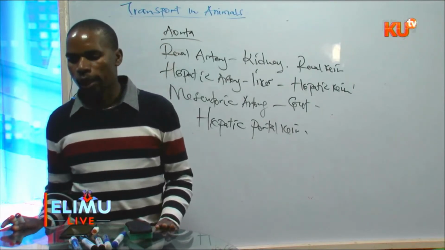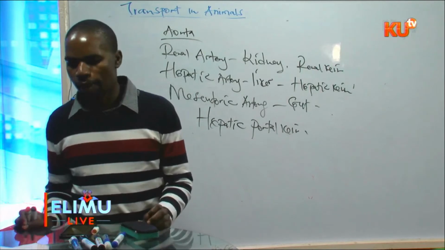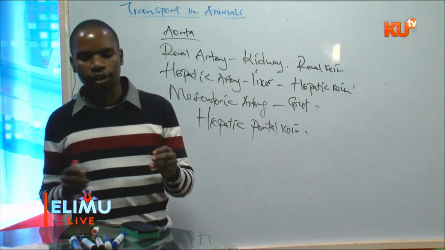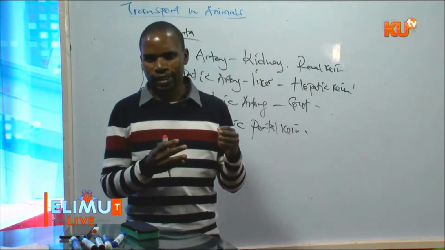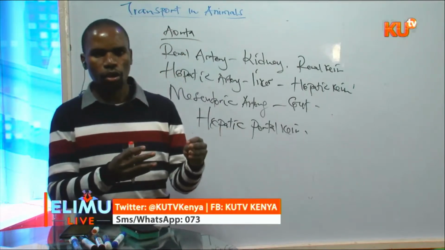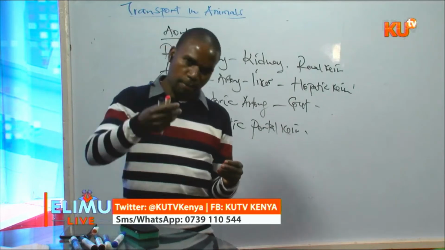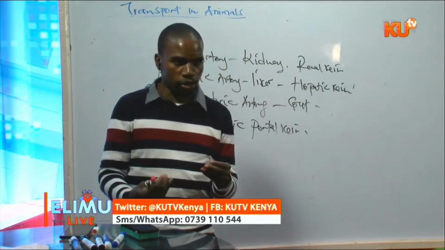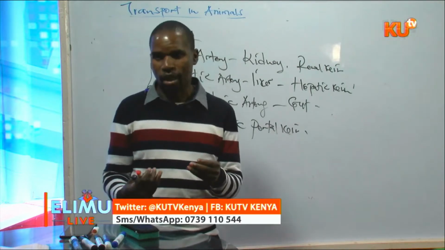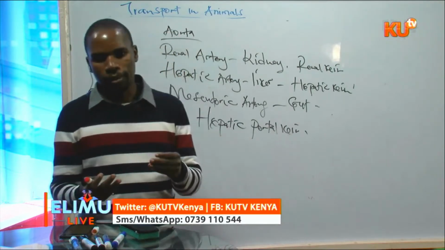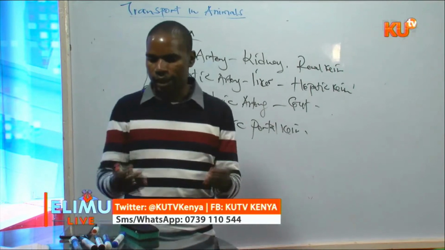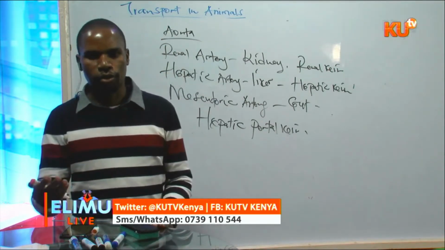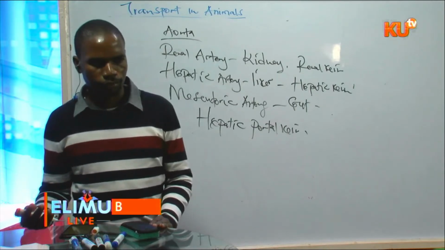When the ventricular muscles relax, the volume of each ventricle increases. So during that relaxation period, the muscles of the ventricle are relaxing so that the blood can come within that ventricle. That is what we refer to as diastole.